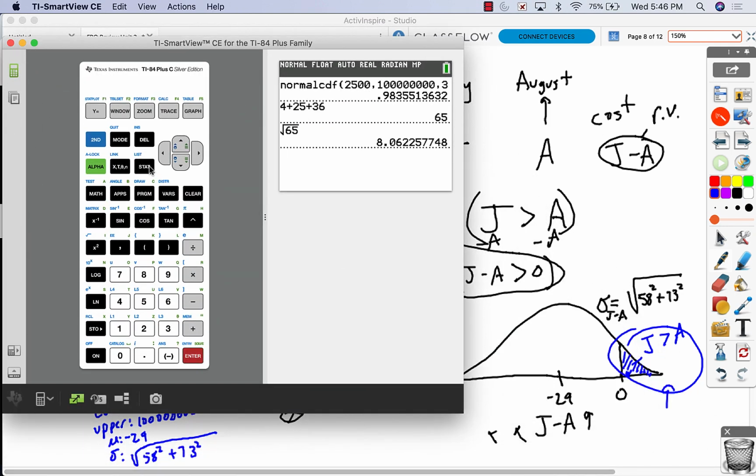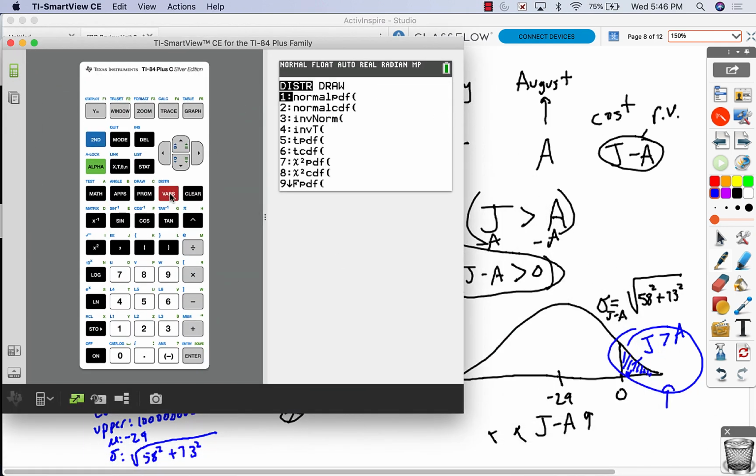So second bars, number 2. Got 0 as my lower. My upper is something really big. My mean, negative 29. My standard deviation, I'm going to do square root. See, there's a square root.